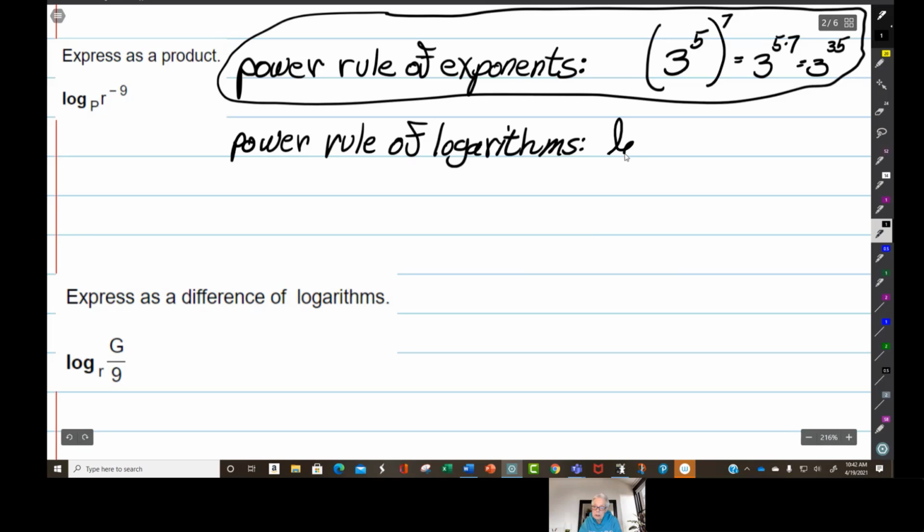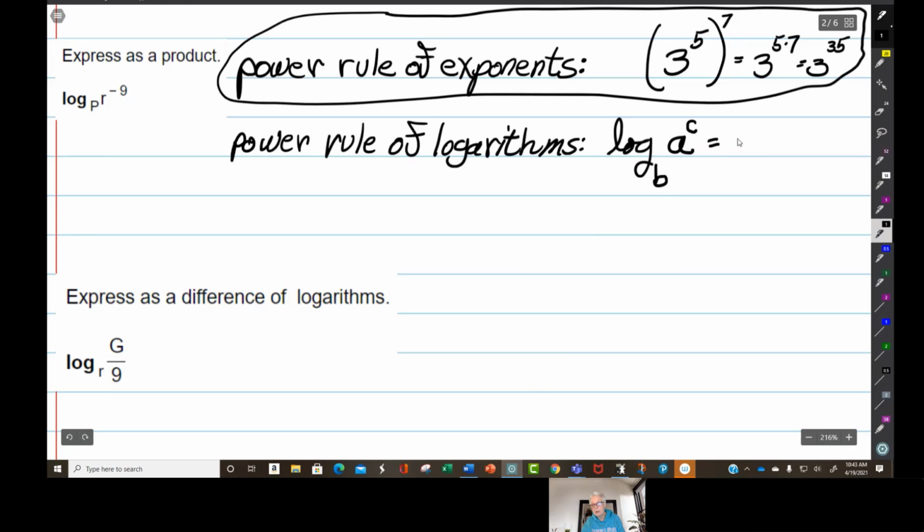Suppose you have a log to any base and an argument that consists of a number raised to a power. This is what happens.